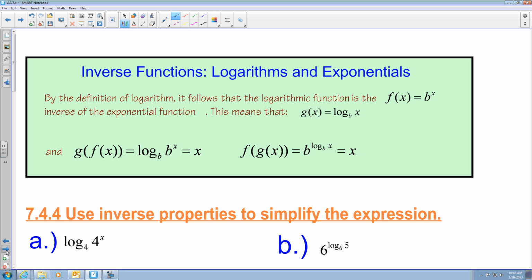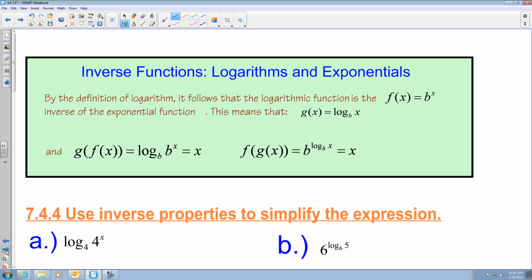Talking about inverses of logarithms and exponentials, like I said, both of them together are inverses of each other. And like what we talked about in previous sections, if we use compositions in order to solve inverses, we just get the value of the variable, which in this case is x.